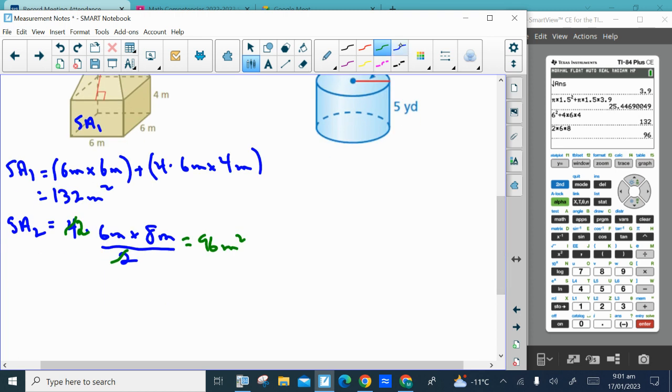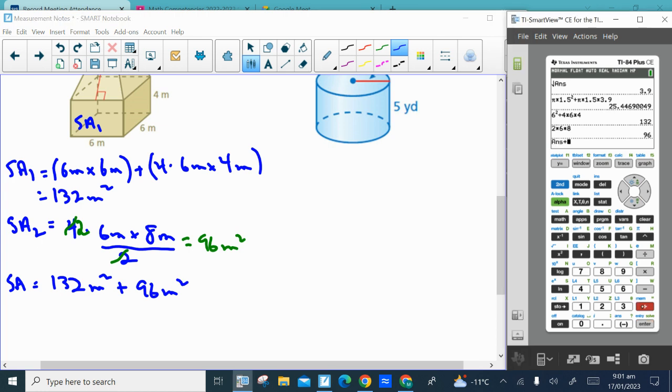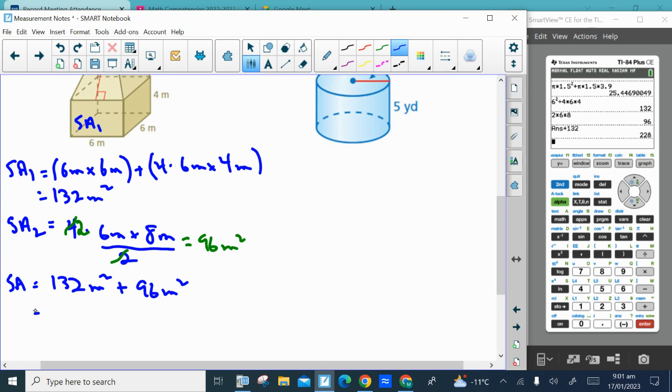And so now we will add these two together. The actual surface area will be 132 meters squared plus 96 meters squared gives us 228 meters squared. So there's the surface area of that composite shape.